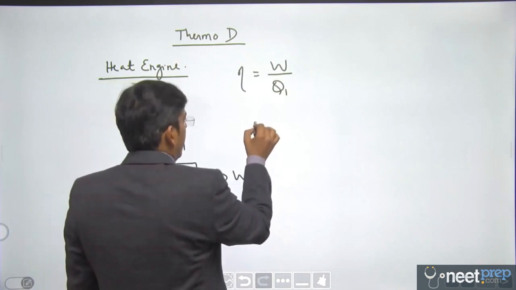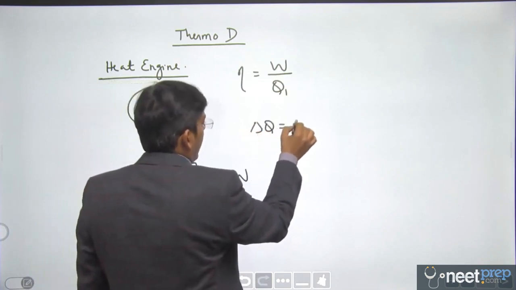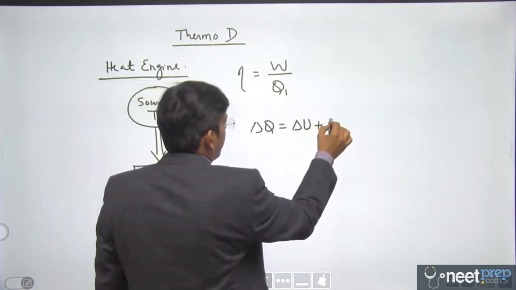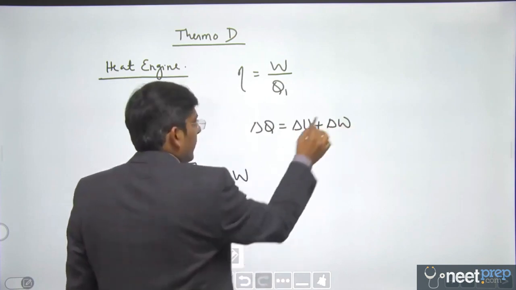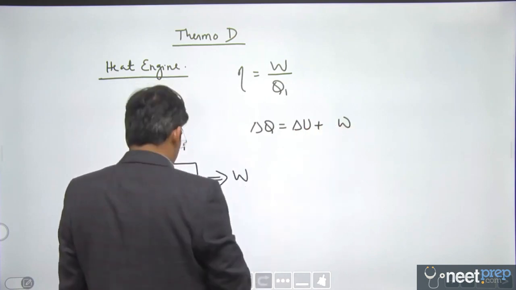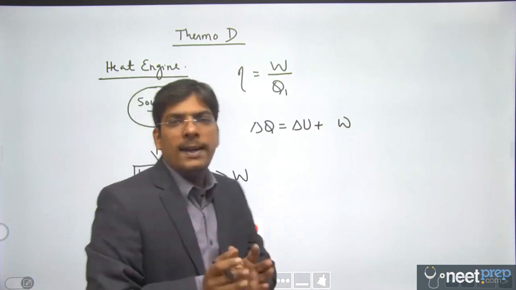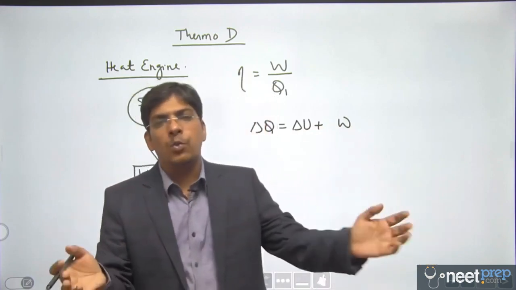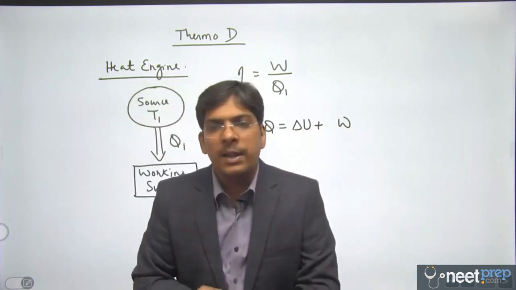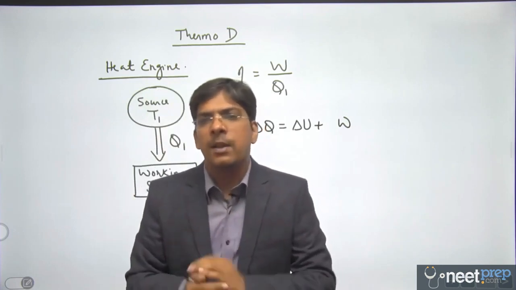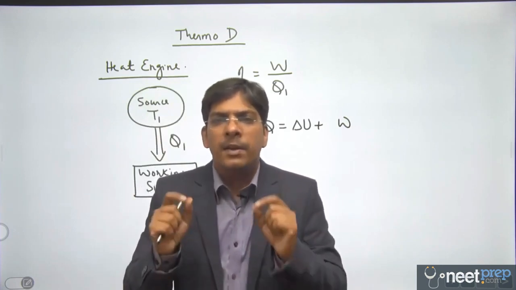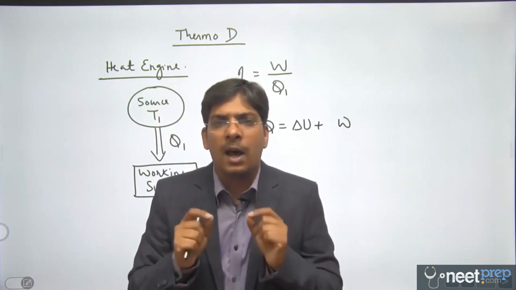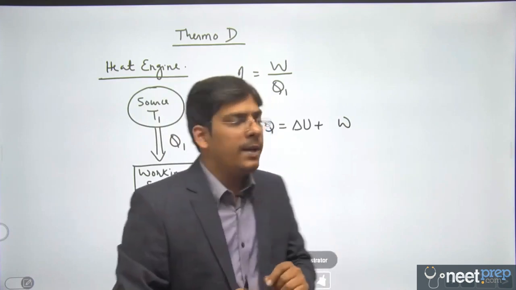Now dear students, we know that according to the first law of thermodynamics, dQ is equal to delta U plus delta W, right? Now this working substance will get heated, it will perform work, it will further cool down and return to its initial state, which is mandatory for the working substance. The working substance must return to its initial state after completing one cycle, right?